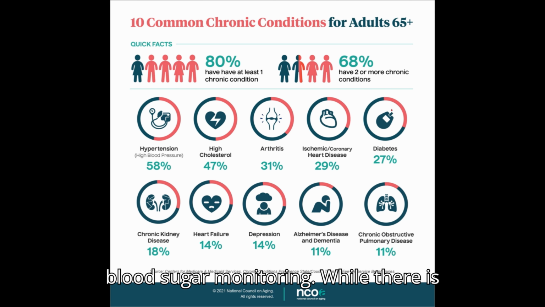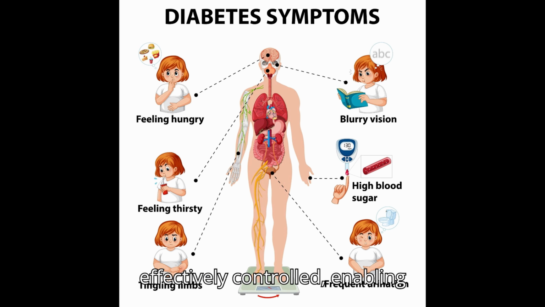While there is currently no cure for diabetes, it can be effectively controlled, enabling individuals to live healthy and fulfilling lives. Given the rising incidence of diabetes globally, it is essential to understand its causes, symptoms, and management strategies. Early detection and appropriate care can significantly lower the risk of complications, underscoring the importance of awareness and education in combating diabetes.